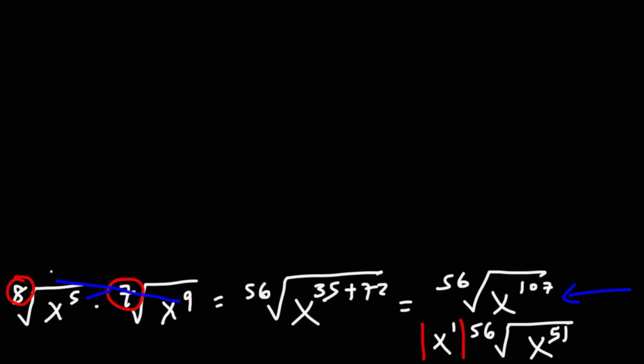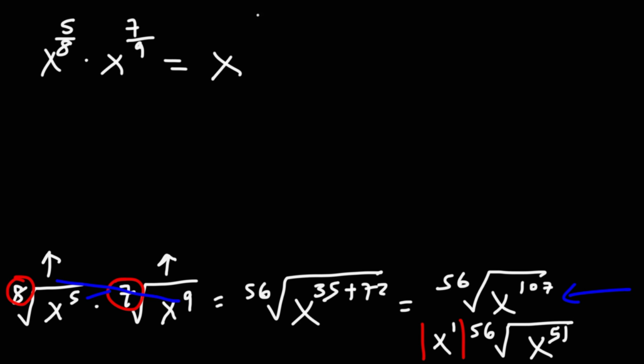So what we can do is convert the original problem back into exponential form. So the eighth root of x to the fifth is x raised to the 5/8. And then the seventh root of x to the 9 is x raised to the 7/9. Now, when we multiply two terms with the same base, we can add the exponents.